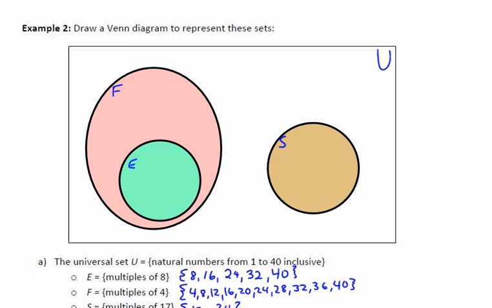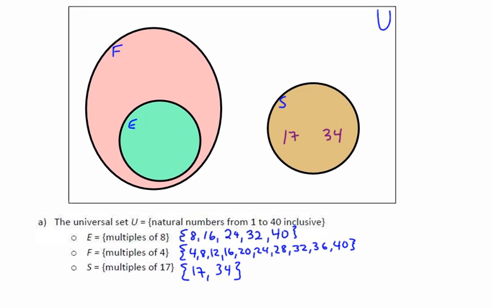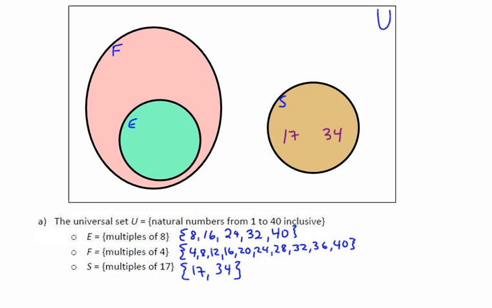So what's in S? 17 and 34. Let's write those numbers inside there. And then we'll do our E. What's inside E? So we have 8, 16, 24, 32, and 40. Now, when I list the multiples of 4 for F, I'd start at 4, but do I have to write 8 again?